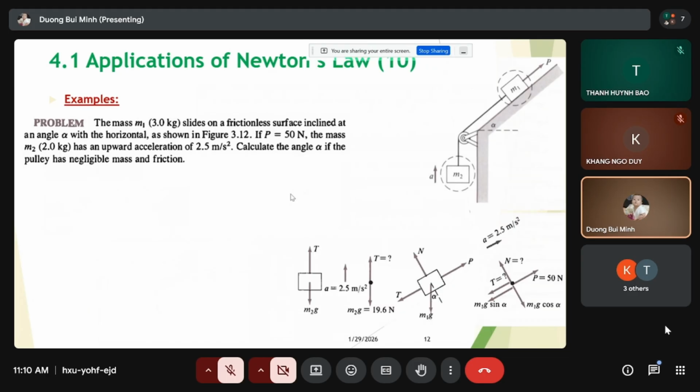This is B. The moving direction will be positive, because we have an external force, right?